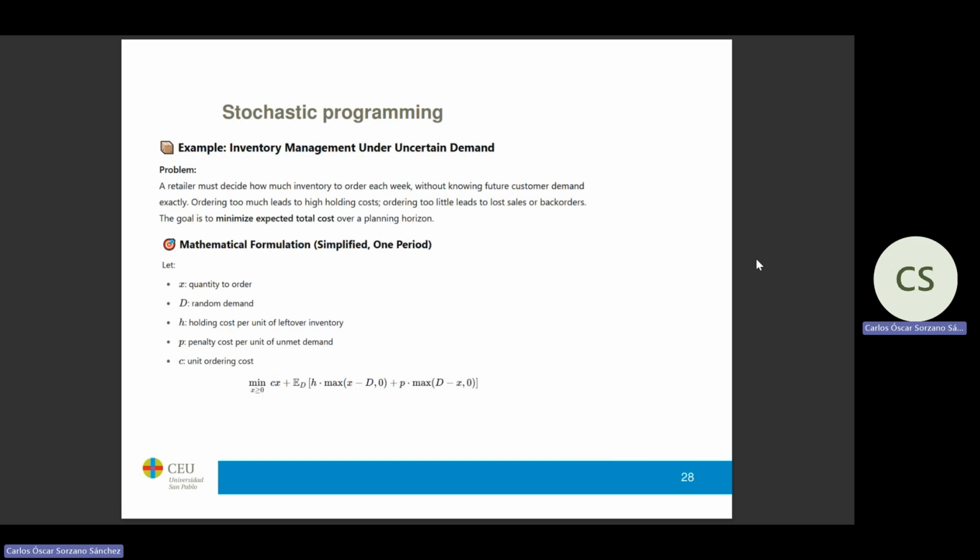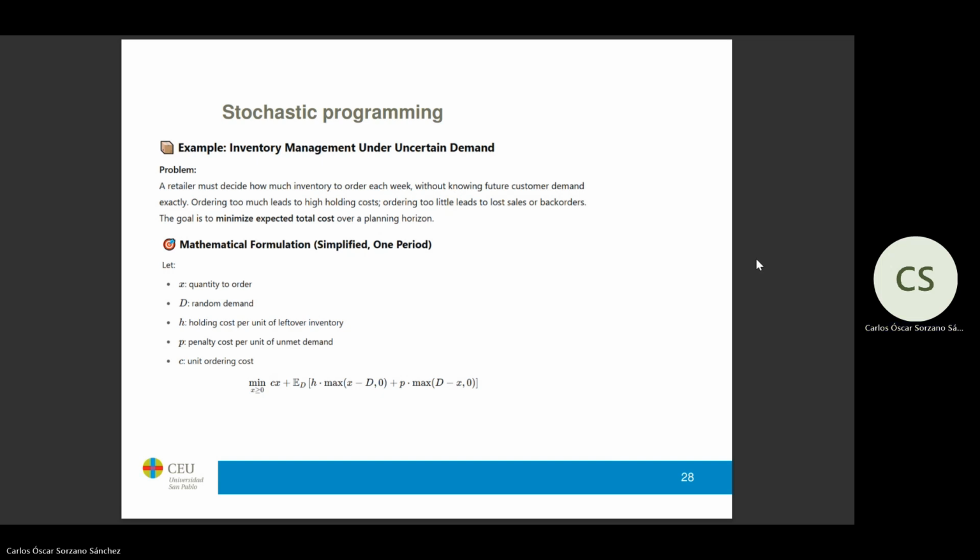And if we order x, there will be some associated cost for the transportation of that x, that is cx. So we want to minimize that transportation cost plus something. That something has to do with the holding cost and also with the penalization for not having product when somebody comes to buy.